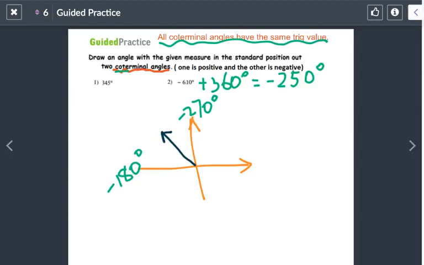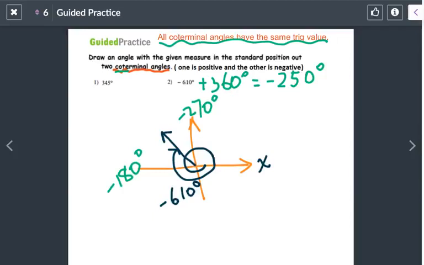And since we added 360 once, that's why we have one rotation. So from here, your x-axis will be the initial side. We draw this one rotation, then go back here. That's negative 610 degree.